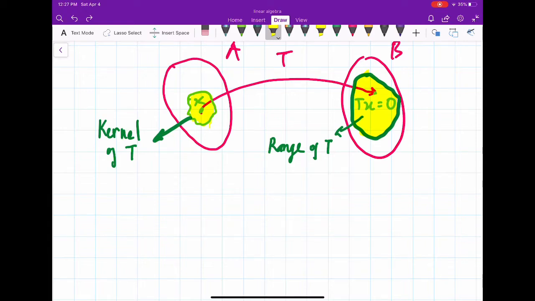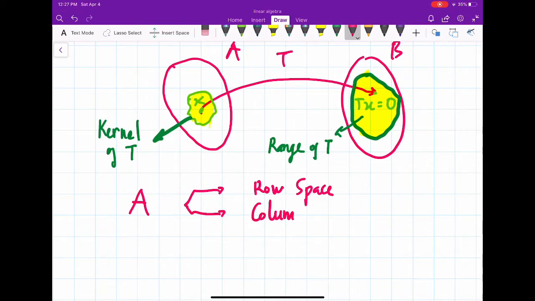For each matrix A, there are some spaces associated to A. The first one, you have the row space. The second one, you have the column space. And you have the null space of A. Right? What is the row space?